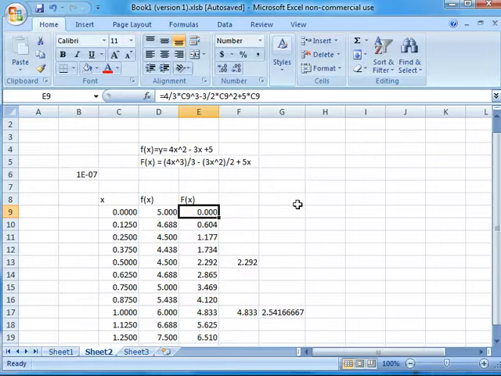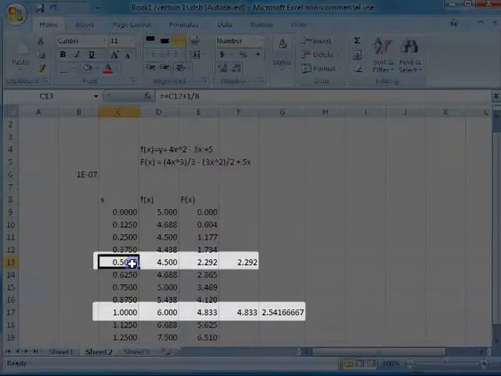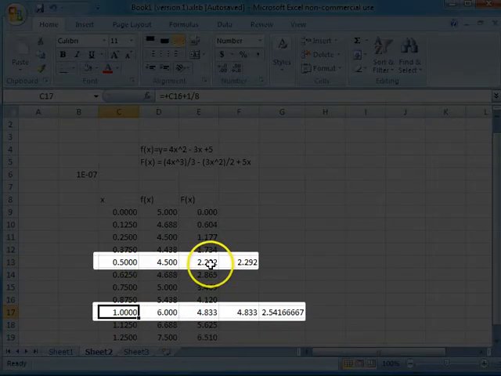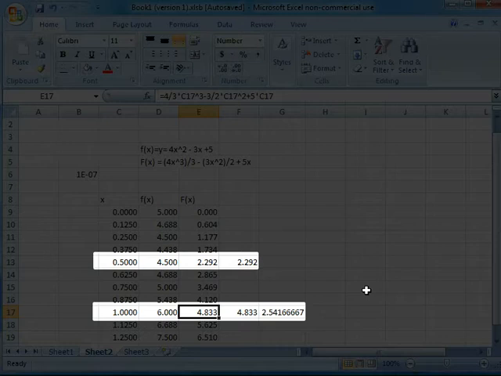And as we know, the area under the curve that we would be interested in can be computed as the difference between specific points in the domain. We're particularly interested in this example in finding the integral from 0.5 to 1. So what we need is to subtract from 4.833, that is the capital F of x of 1, the capital F of x when x equals 0.5, and that value is 2.92.